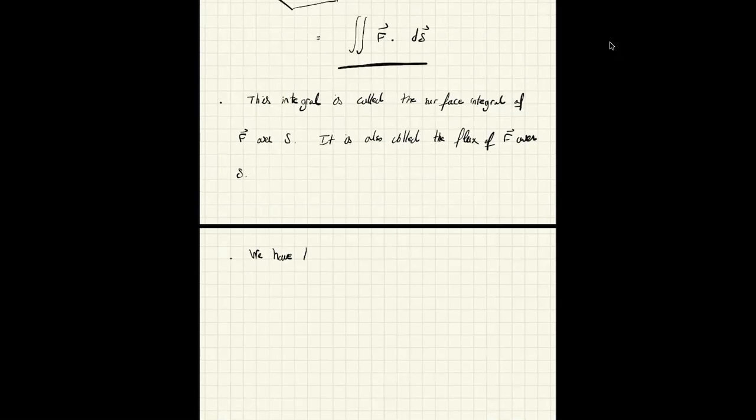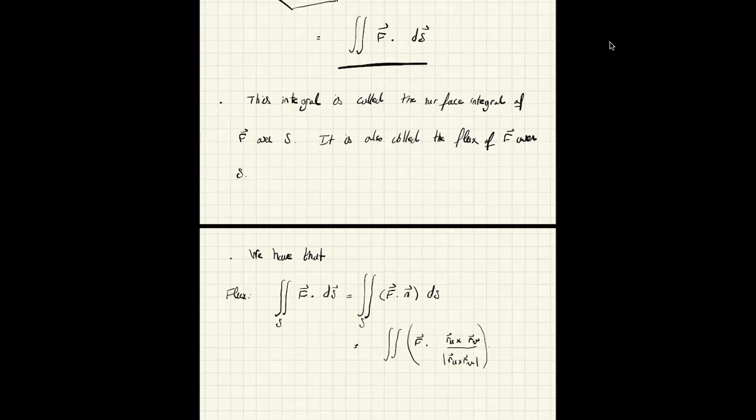We have that the flux is the integral over S of f dS, which is the integral of f and dS, which is the integral of f scalar product r_u × r_v times, what is this?